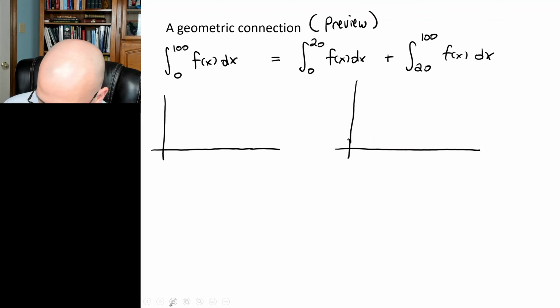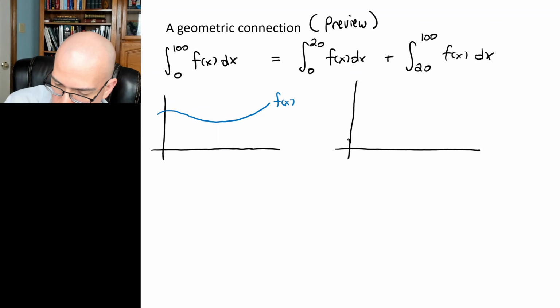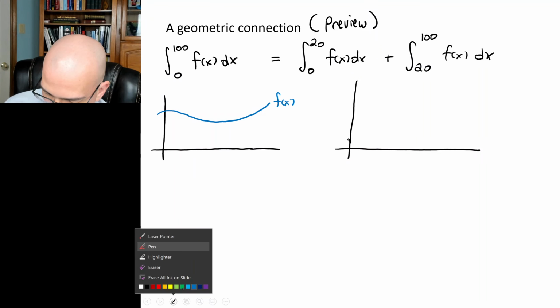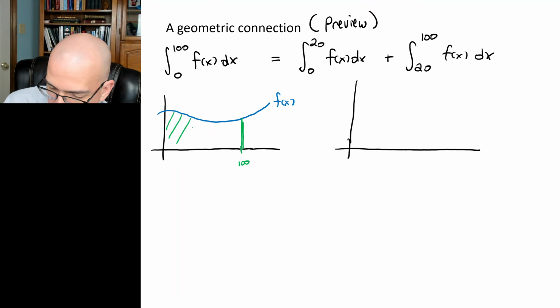Okay, so here's my function. I'll use kind of the same f of x as before. Now we're going from 0 to 100. So here's my 100. So there's my integral.